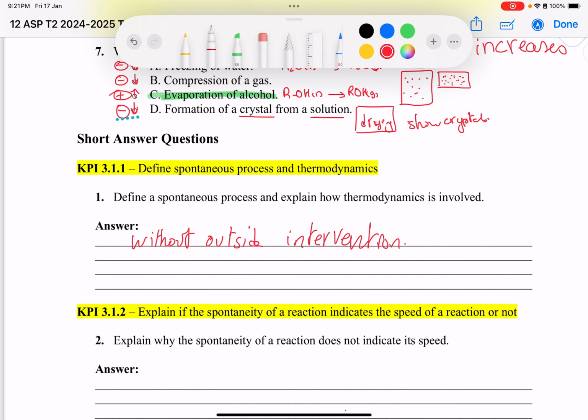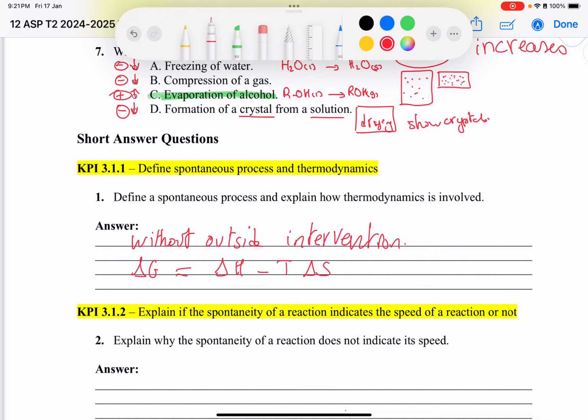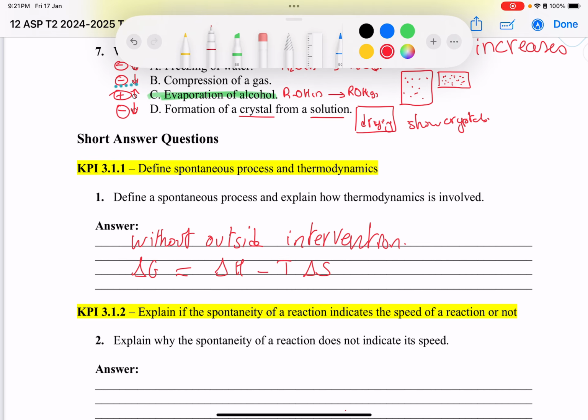It doesn't require energy input. Now, thermodynamics will tell you whether a reaction is going to be spontaneous or not, depending on this relationship. It will study the changes between enthalpy and entropy in order to decide if a reaction is spontaneous or not.